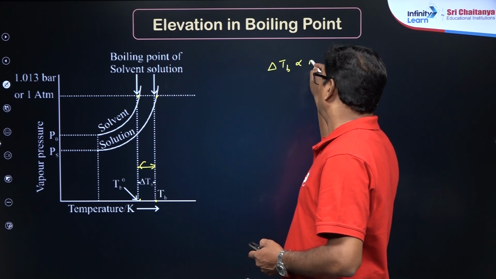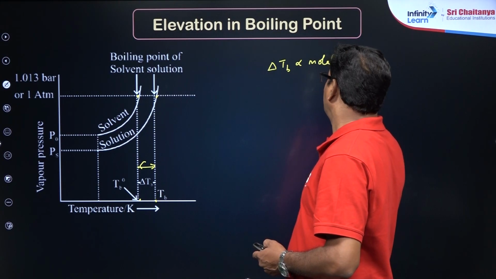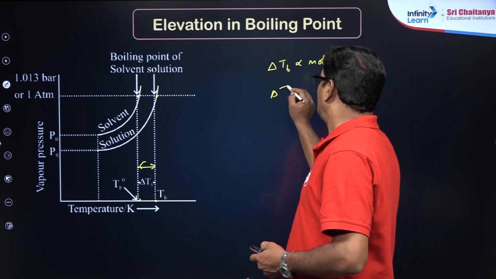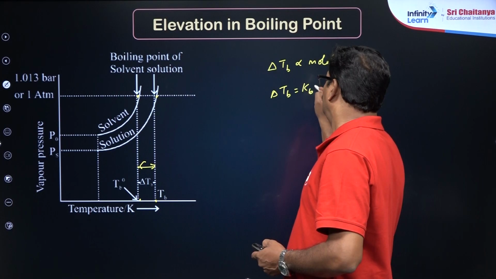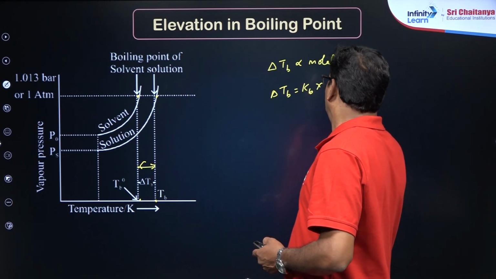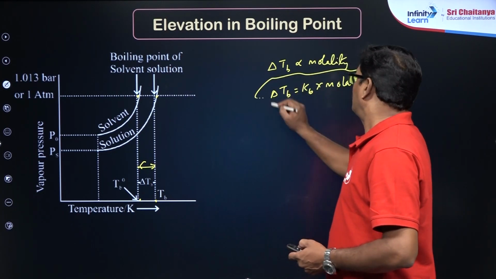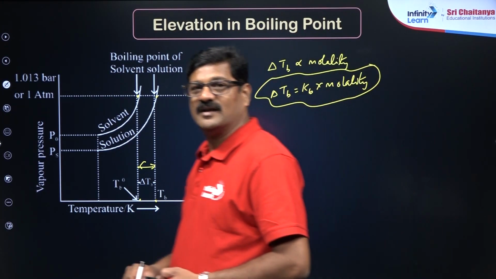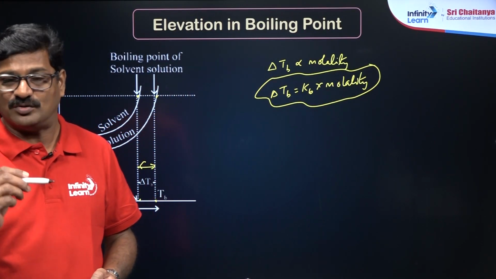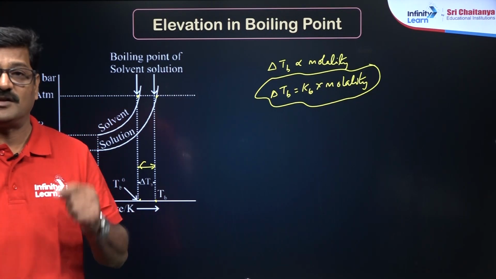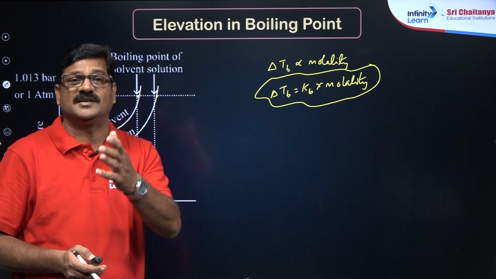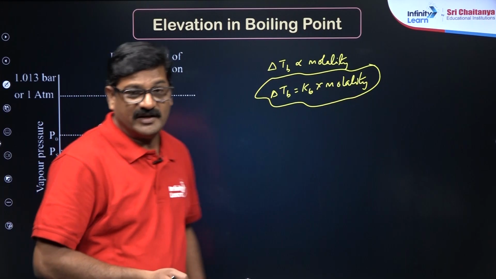Delta Tb is directly proportional to molality, and you can say delta Tb is equal to Kb into molality. You know the formula for the molality. From there you can calculate the molecular mass of the solute. Mind it, calculation of the molecular mass from the colligative property is an important point for this NEET examination.